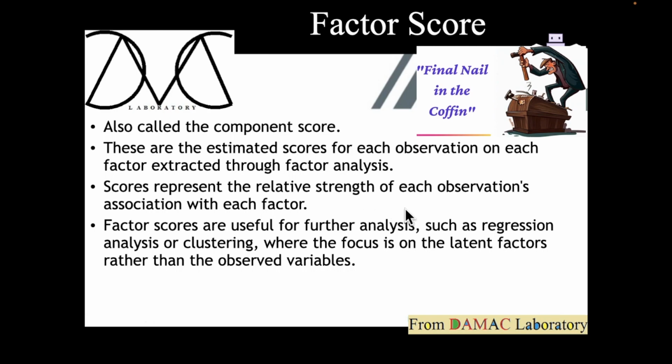Factor scores are useful for further analysis such as regression analysis and clustering, where the focus is on the latent factors rather than the observed variables. So after you generate the 10 by 1000 dataset from the 100 by 1000 dataset, you can do whatever data analysis task you want, either regression, clustering, or classification.